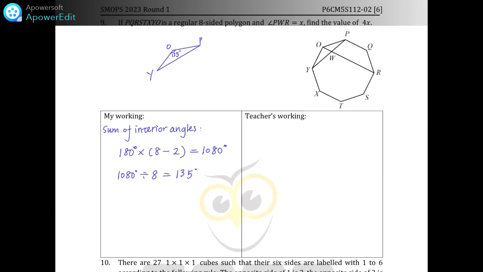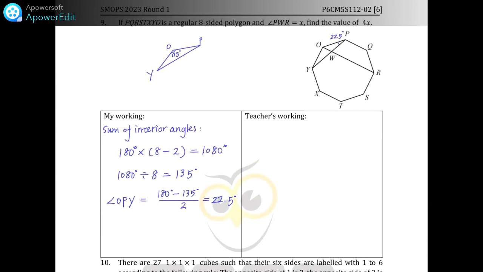And we can find the smaller angle, so the angle OPY is 180 minus 135 divided by 2, equals 22.5 degrees. So one is 22.5.